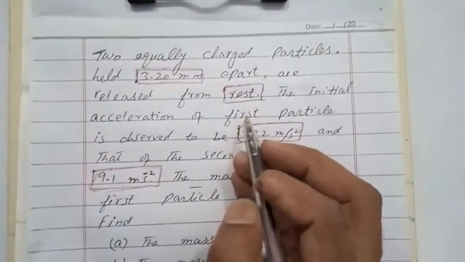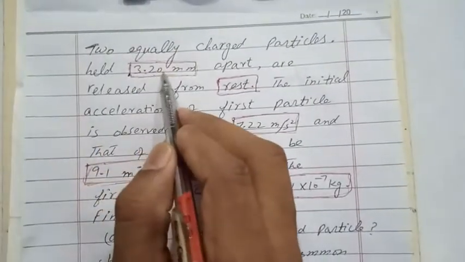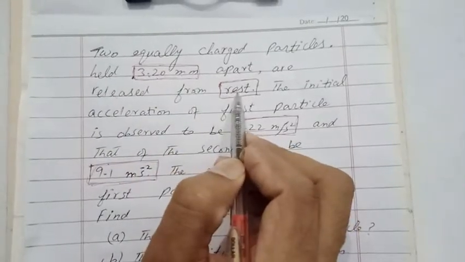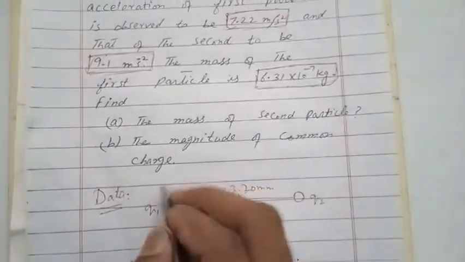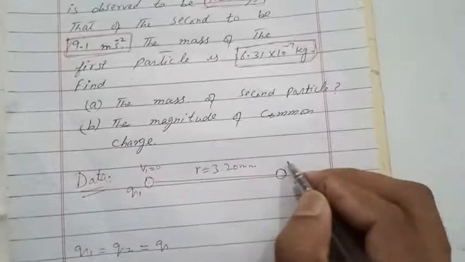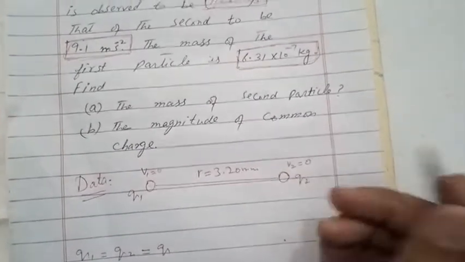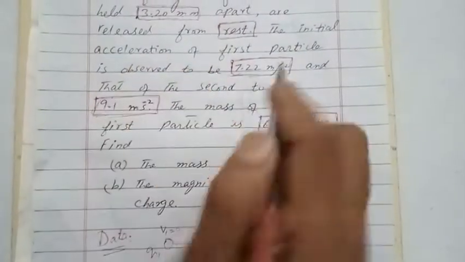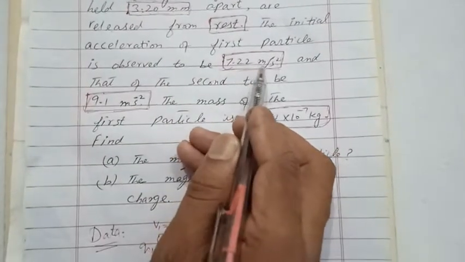Next, two equally charged particles held 3.20 millimeter apart are released from rest. Initially, both particles are at rest, so the initial velocity of particle 1 is 0 and the initial velocity of particle 2 is also equal to 0. The initial acceleration of the first particle is observed to be 7.22 meter per second square.